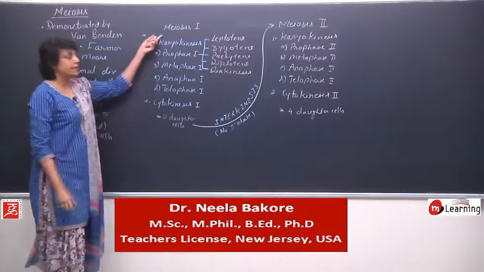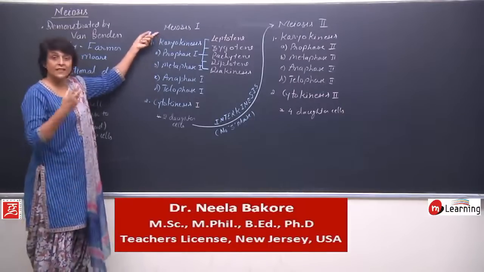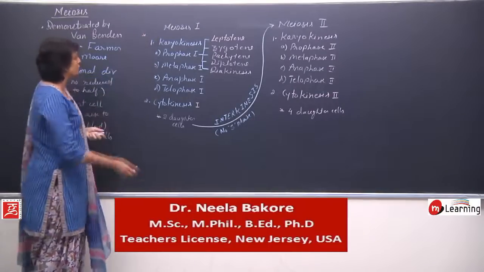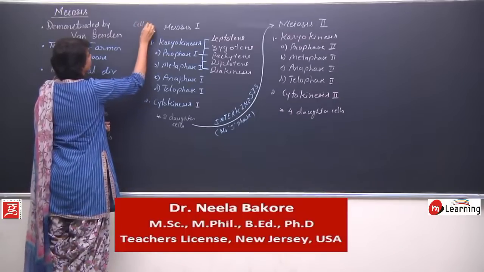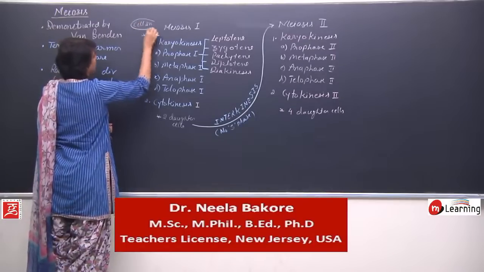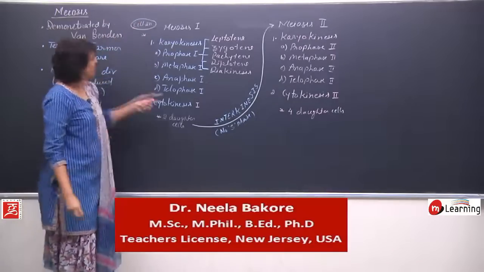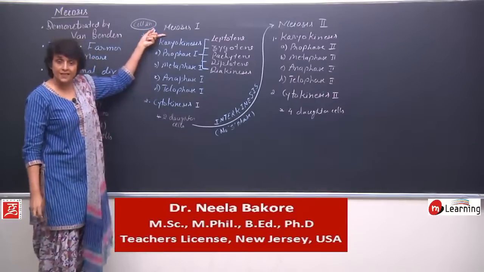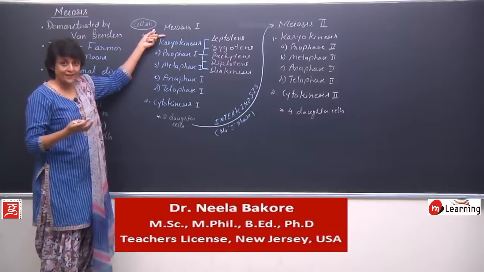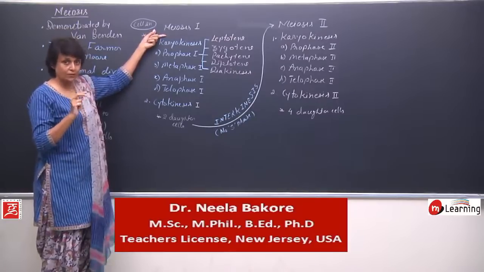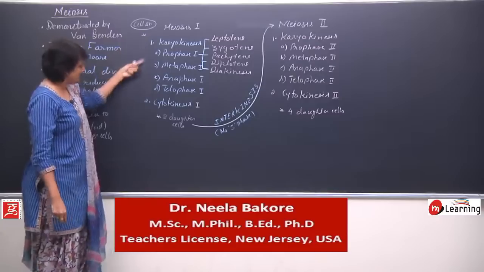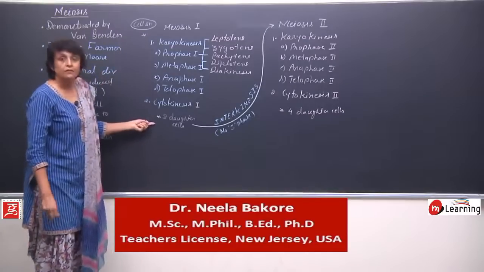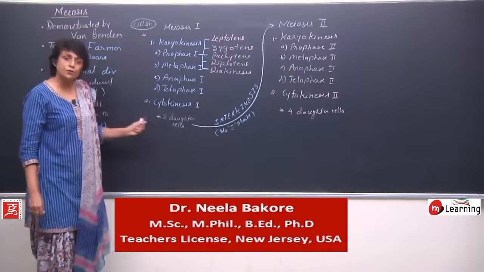When we start meiosis 1, or when a cell undergoes meiosis 1, the cell here is diploid. Then it undergoes interphase where it is going to make a copy of DNA. So it is actually 4n, genetic material wise or DNA content wise. When we come to this, the chromosome number is reduced to half.